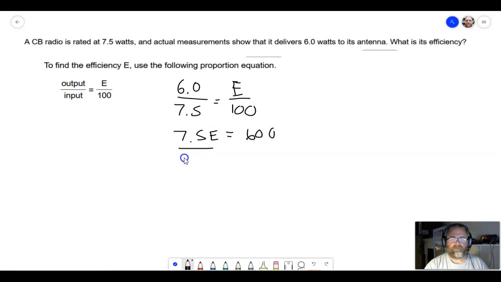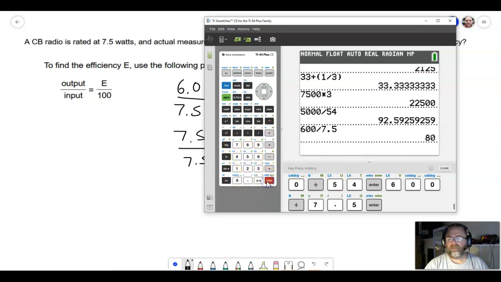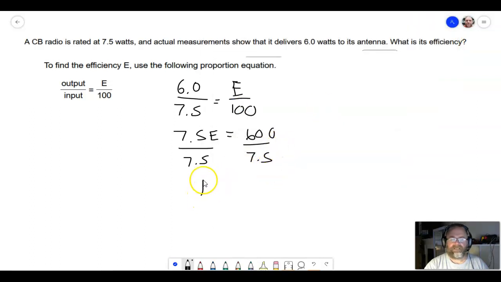And then we're just going to divide both sides by 7.5. And so 600 divided by 7.5, let's pull that up. So 600 divided by 7.5, and we get 80. So E is equal to 80. So that's our efficiency rating for this problem here.